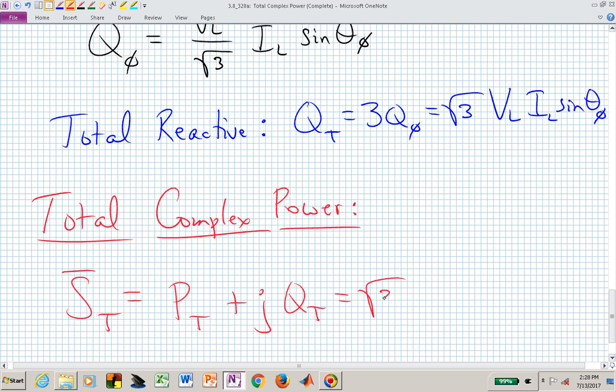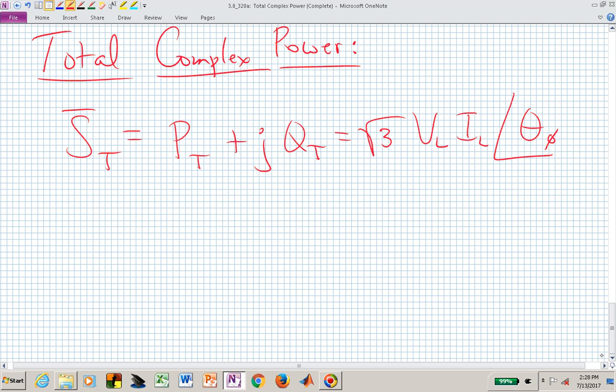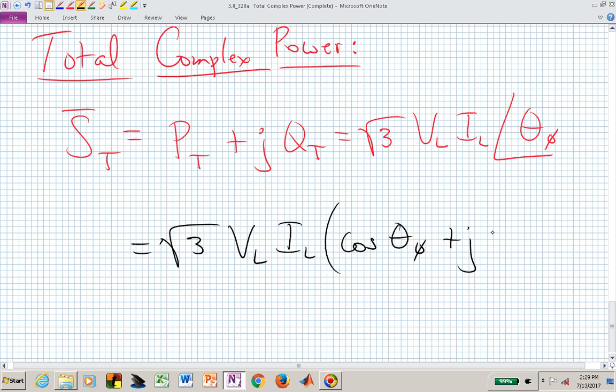This is now square root of 3 V line, I line at an angle of theta sub phi. Meaning now we're just using Euler, or we converted back to polar form. If we go the other way and simply rewrite this in rectangular form, we now have V line, I line times cosine theta sub phi plus j sine theta sub phi, and that's the total complex power.